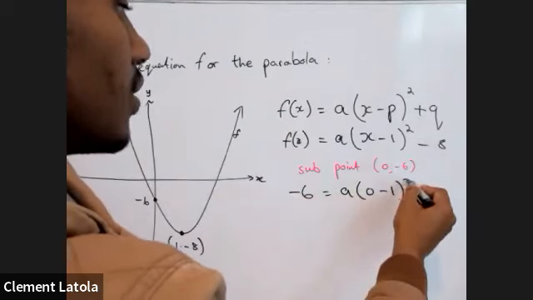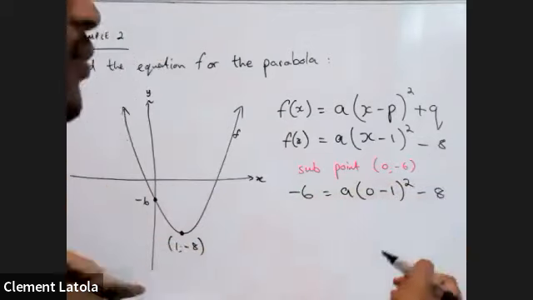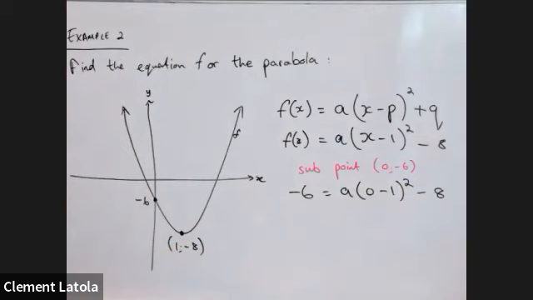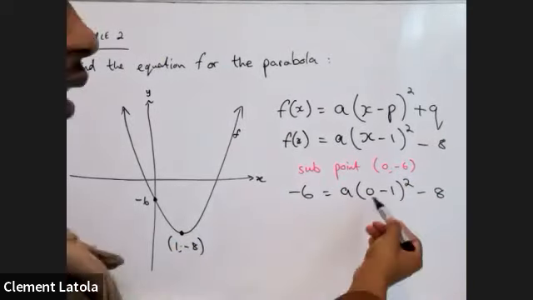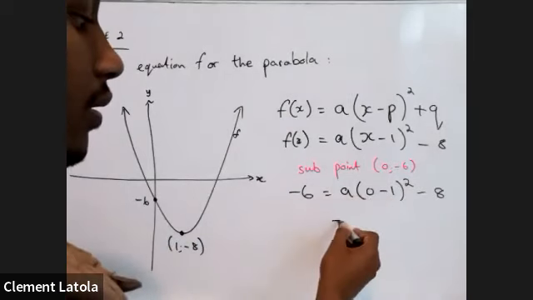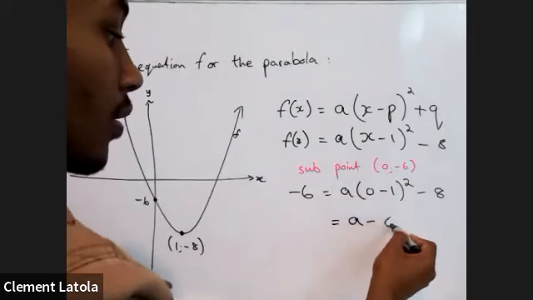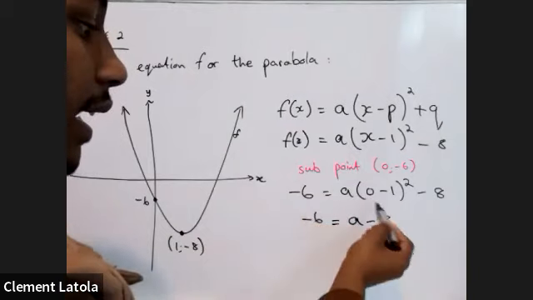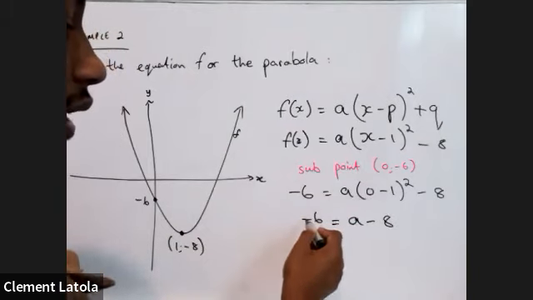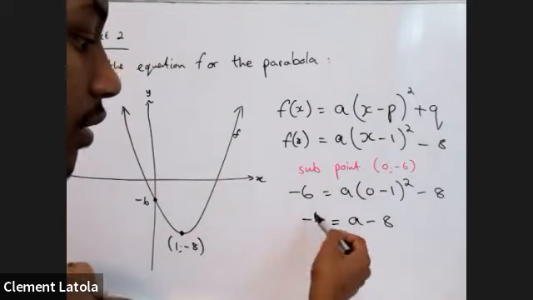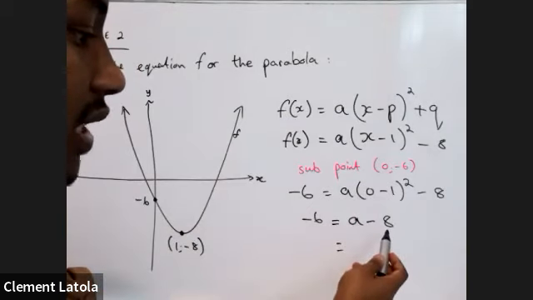And why are we doing this? To work out a. So let's just continue. -1 squared is 1. I can take that 8 across. So then -6 plus 8, what's that? 2.